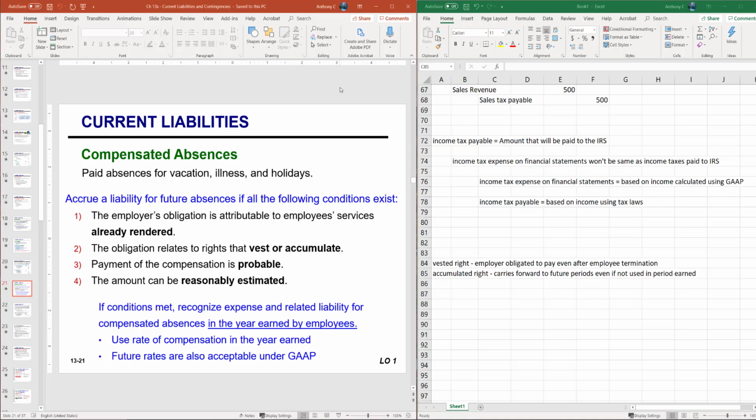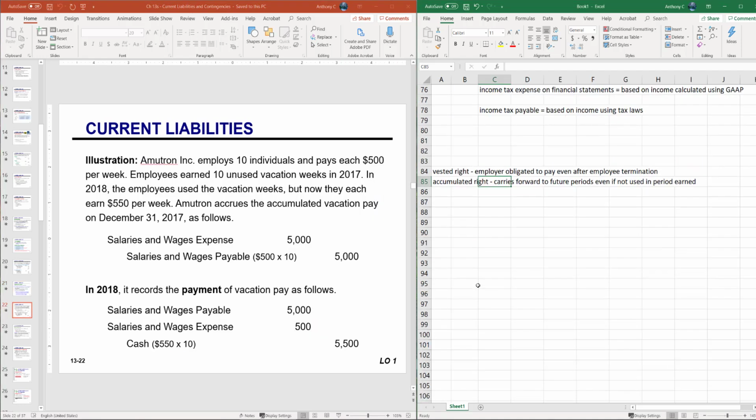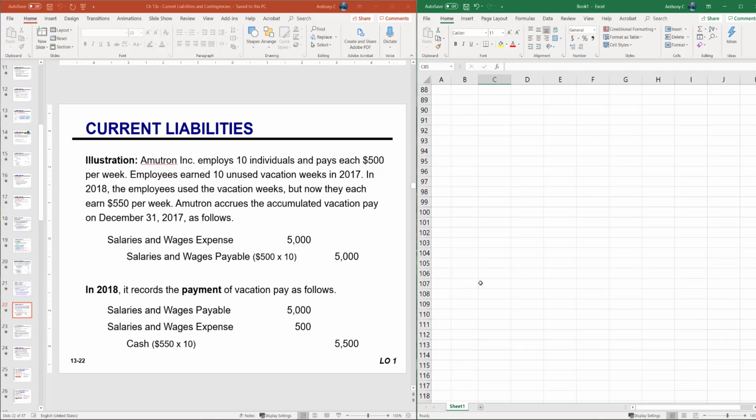Let's run through an example. So let's say Amitron employs 10 individuals and pays each $500 per week. The employees earned 10 unused vacation weeks in 2017, and in 2018, the employees used vacation weeks. All right, but now they each earn $550 per week, and Amitron accrues the accumulated vacation pay on December 31st, 2017 as follows.